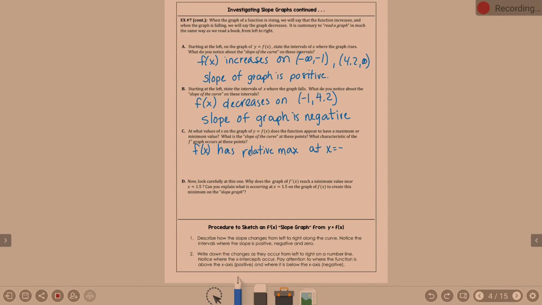And there was a relative min at x equals 4.2. And both times the slope was what? 0. Slope of the curve is 0 in both cases, right? I talked about that on the other graph. I even pointed it out, didn't I?